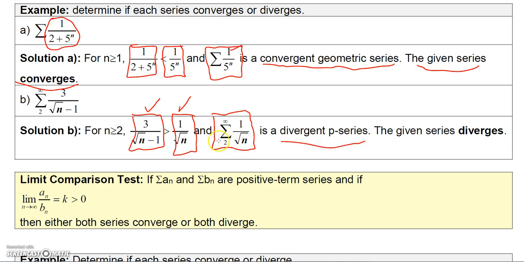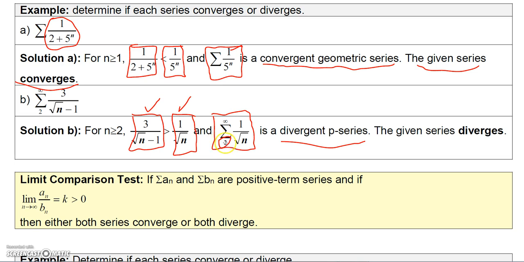Now, it really doesn't matter that you're starting at 2 here instead of 1, because really the only difference is, if you started at 1, you would get a divergent series, so basically the series goes to infinity.